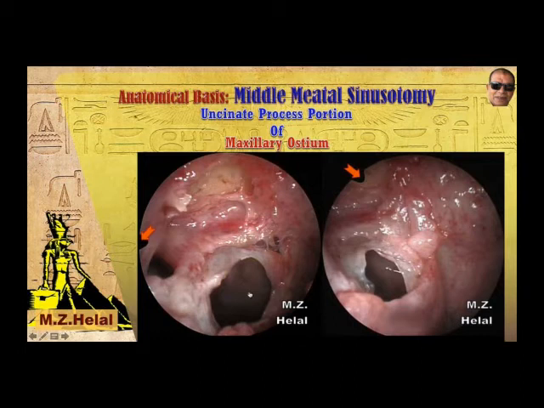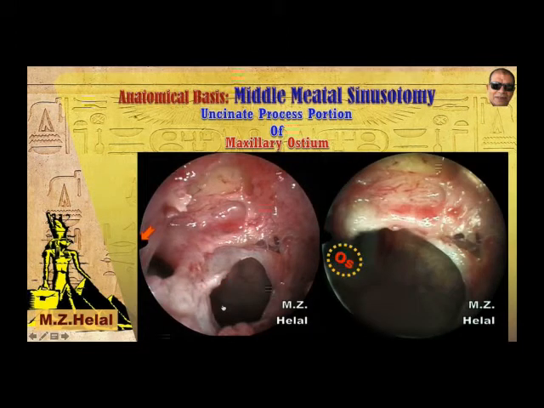This is the fenestration I made, and here is the inferomedial orbital wall. In order to have a proper middle meatal antrostomy, one should connect the natural ostium with this posterior fontanelle window, by cutting this tissue to ensure that the middle meatal antrostomy includes the natural ostium here.